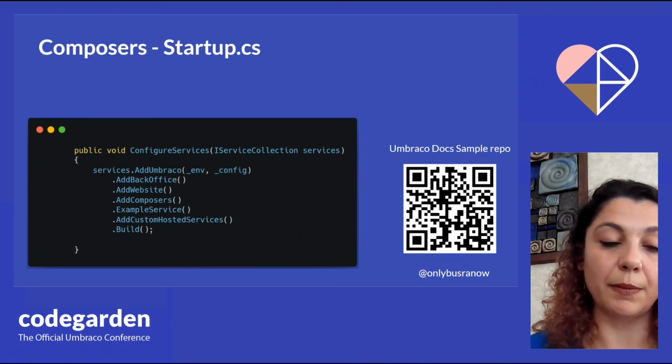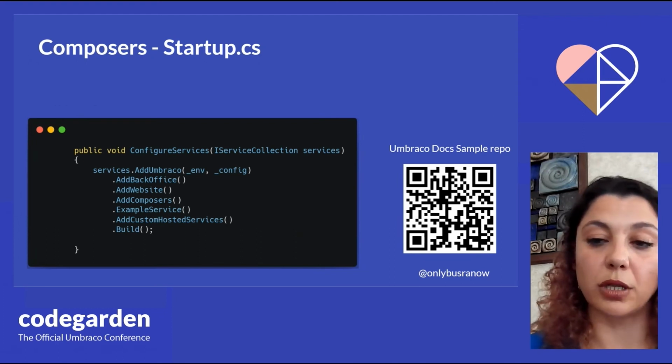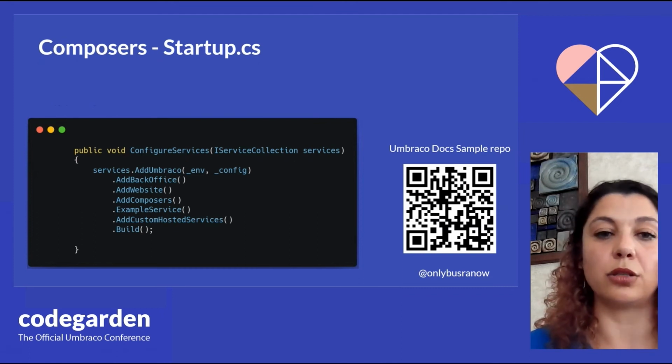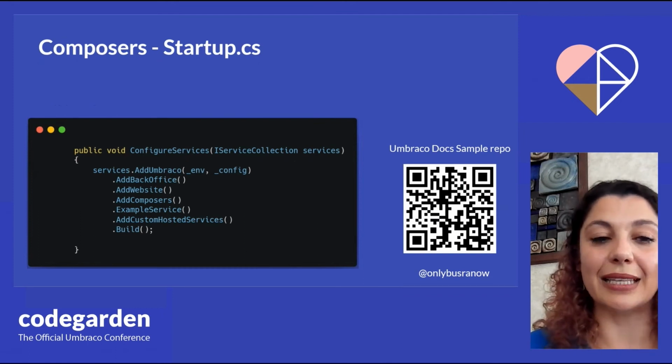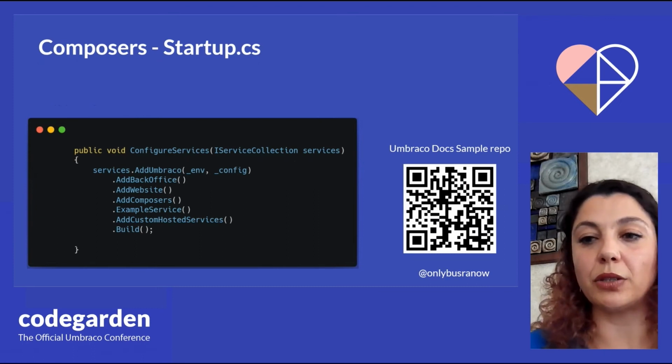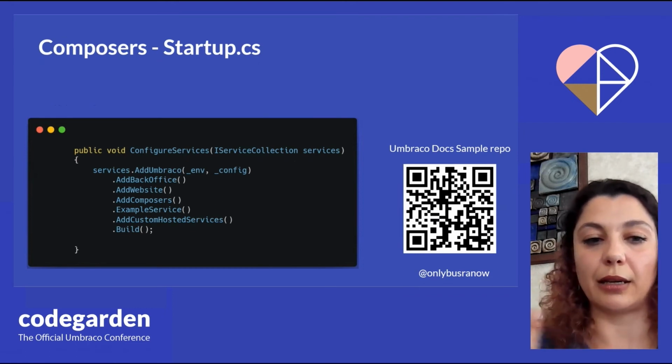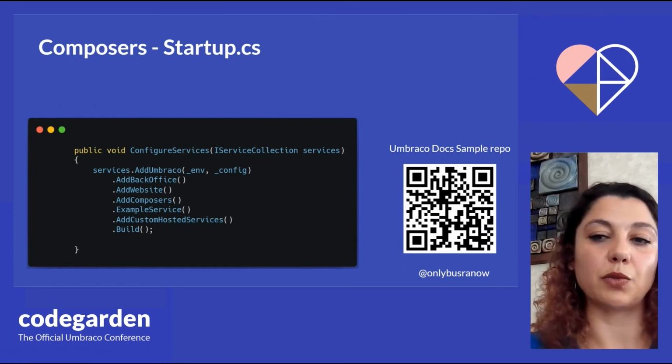This is how it looks. If you create a composer using IComposer, you don't need to register it anywhere because Startup.cs has the AddComposers method. It just gets everything automatically. If you're creating something else, then you need to register it in here, like the example service in here as well.